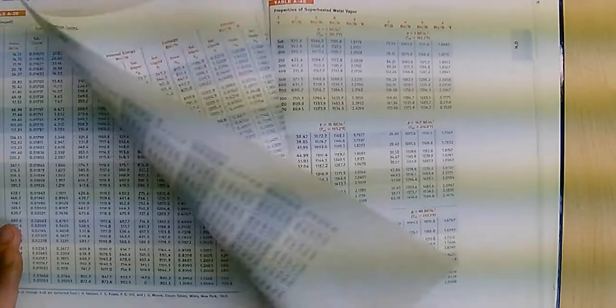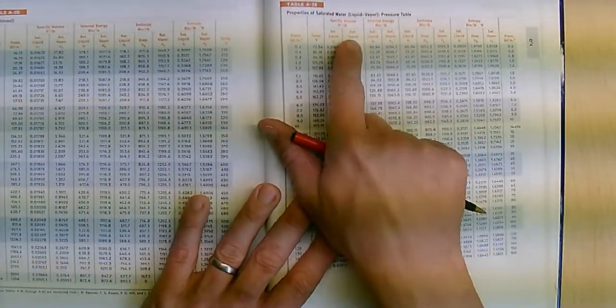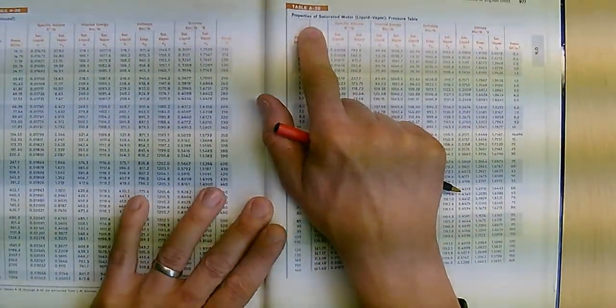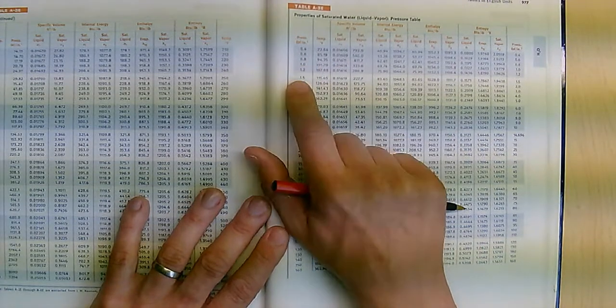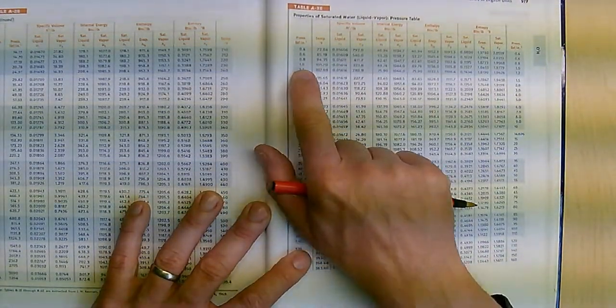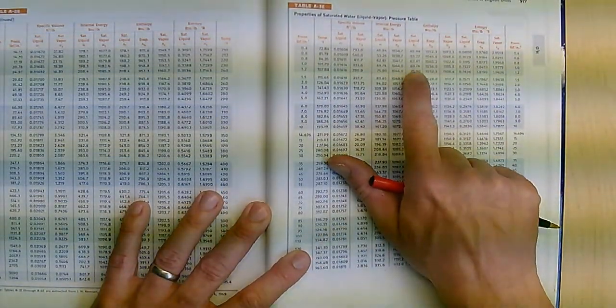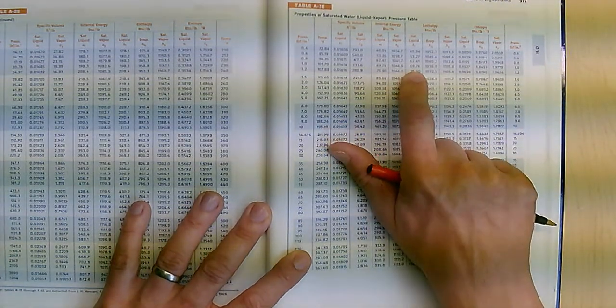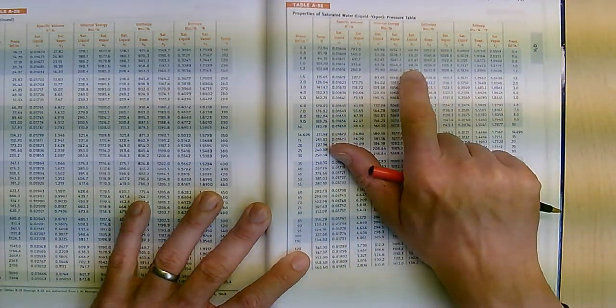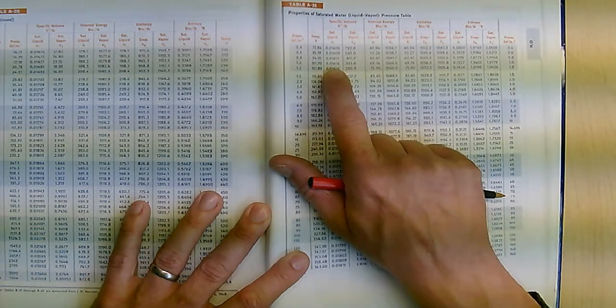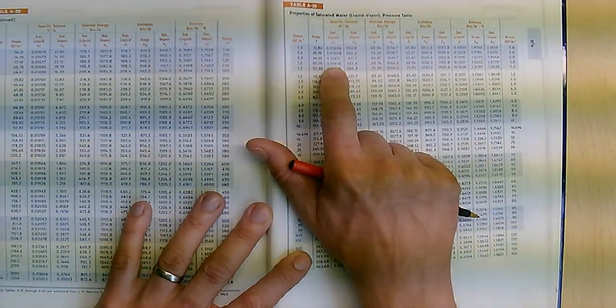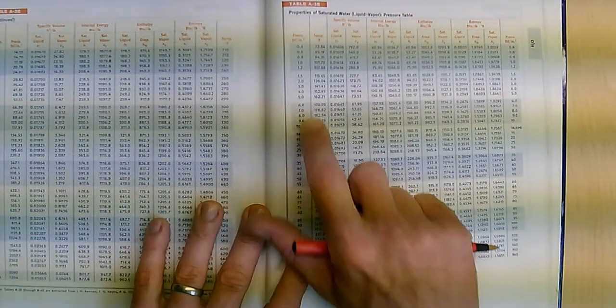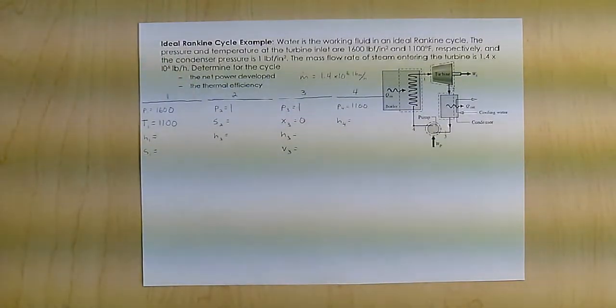Coming out of the condenser, I'm at 1 psi. So I go to saturation for water, 1 psi, and my enthalpy is 69.74. And the volume that I'm going to need is 0.01614.